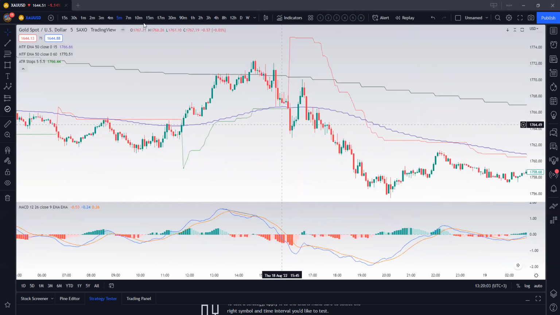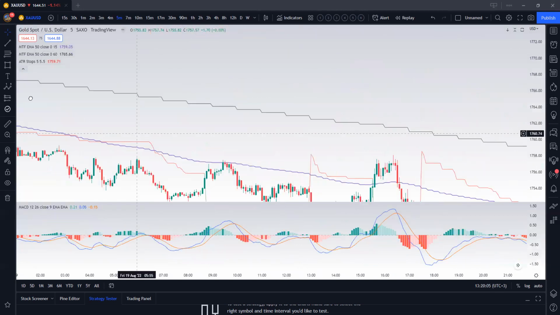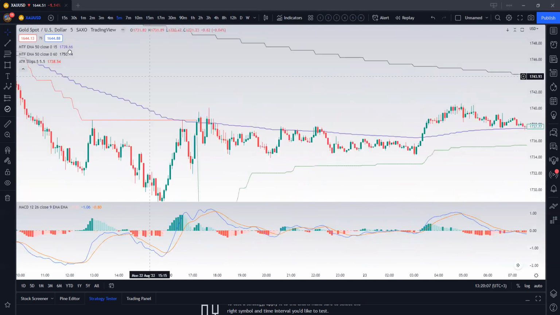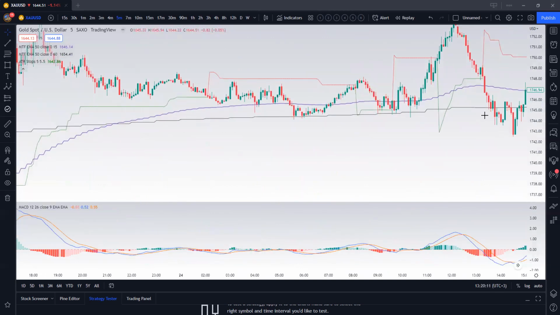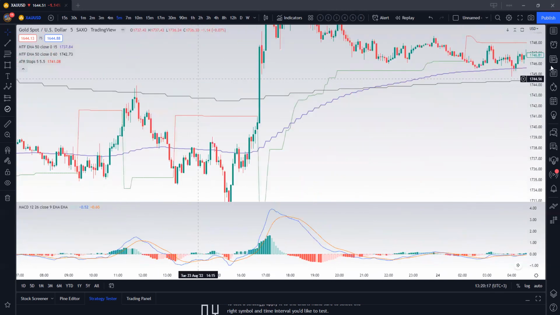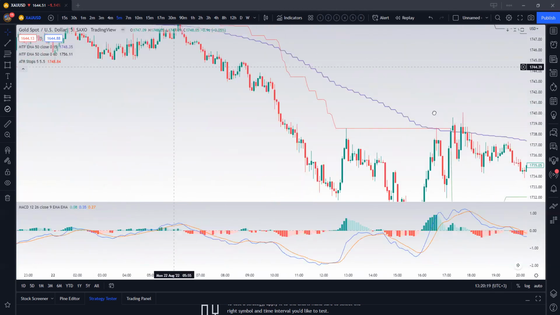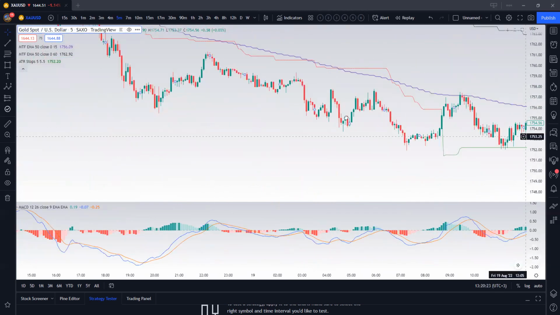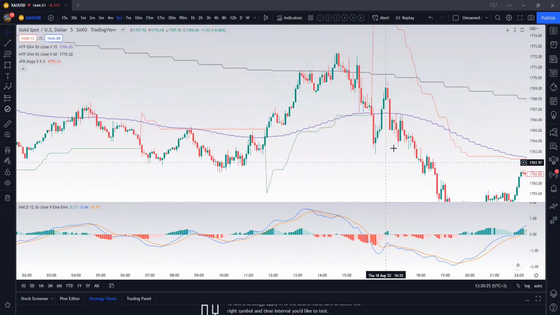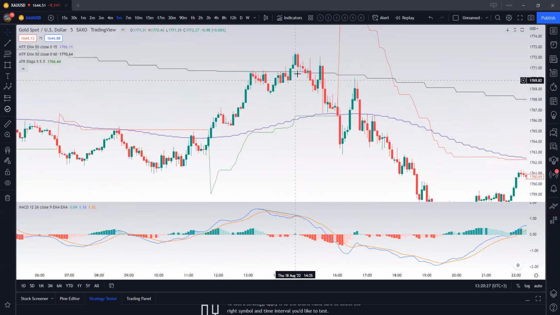And in an uptrend, we need to have the moving average, which is the black one, below the purple one. That's one condition of our strategy.